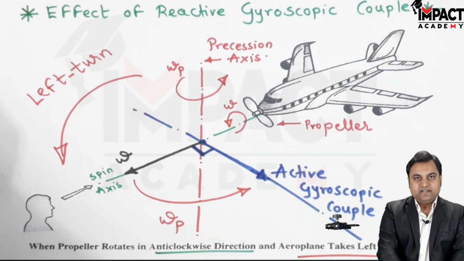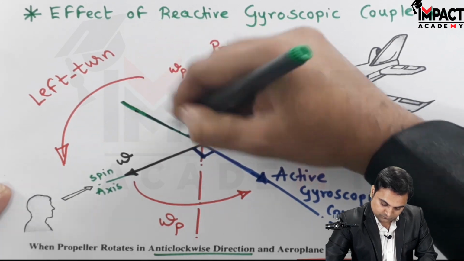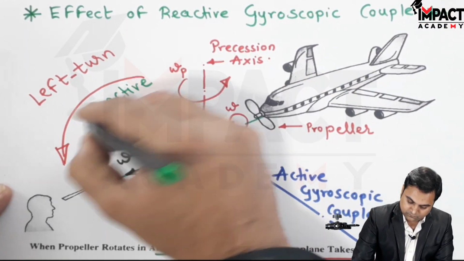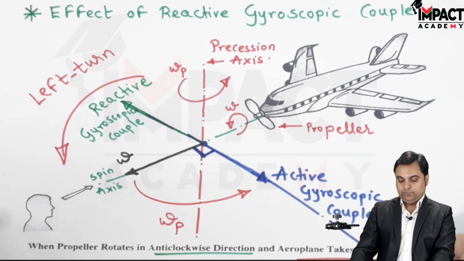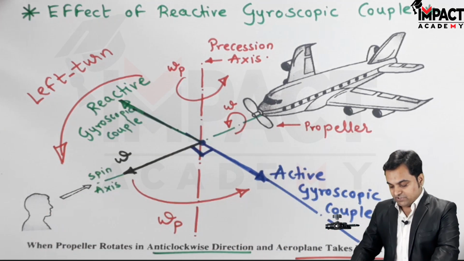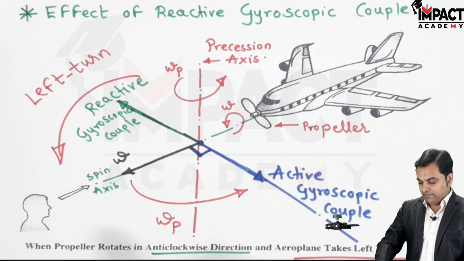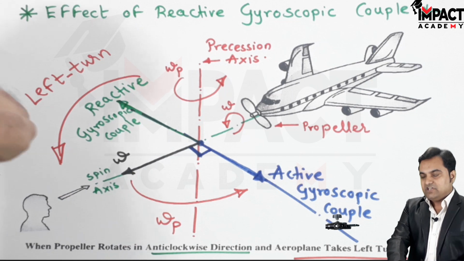Opposite to it would be the reactive gyroscopic couple. So this is the reactive gyroscopic couple. This vector indicates the direction. Now how to get the effect onto the plane? For that, match the right hand thumb with this arrow of the reactive gyroscopic couple.